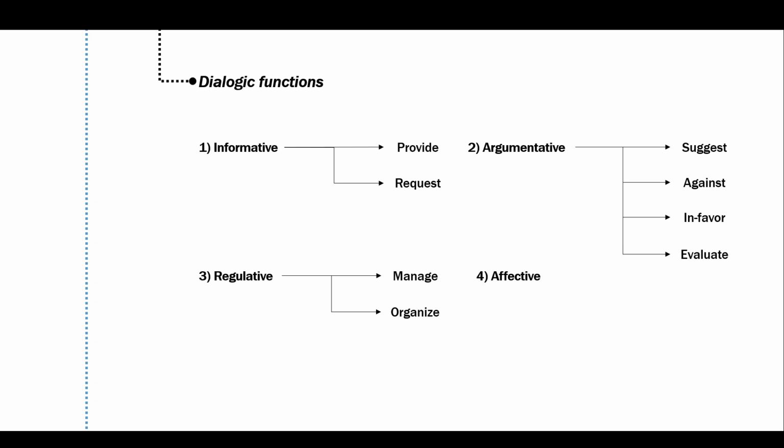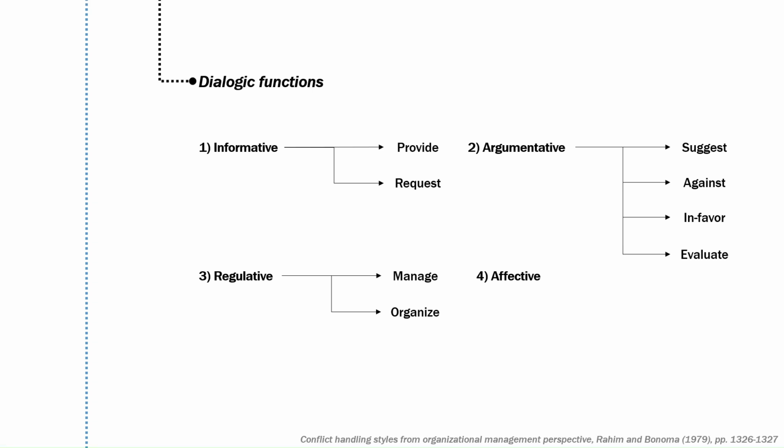Argumentative sentences suggest a solution, argue against or in favor of a solution, or evaluate a solution. Regulative sentences manage next steps and organize discussion to assure that the discussion is on track. We added affective sentences based on previous studies on interpersonal conflict in online peer production communities to capture sentences whose functions are to express negative behaviors and tones, such as condescension and personal attack.